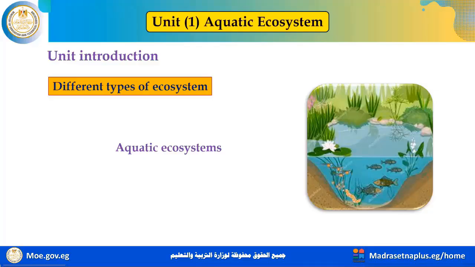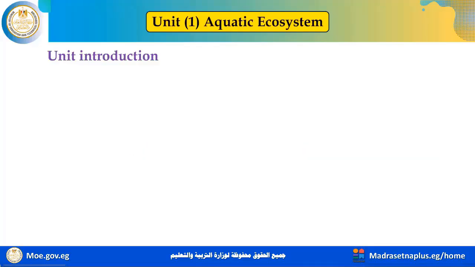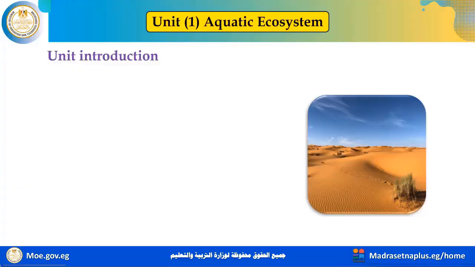Let's go to another type of ecosystem. Yes, another picture. What is in the picture? Yes, excellent. It is the desert, which mainly consists of what? Sand, okay? And there are living creatures inside the desert. Like what? Yes, like camels, like gerbils, like some kinds of foxes, and also some kinds of reptiles like lizards.